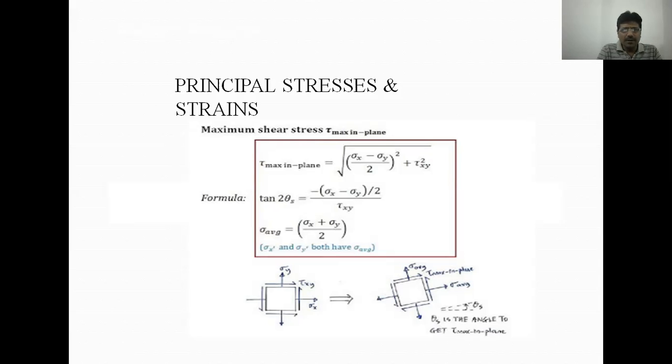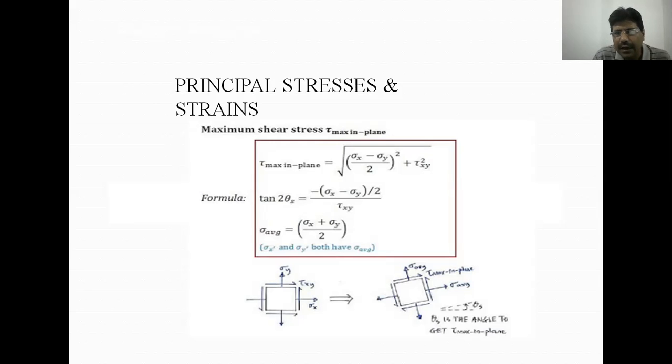So for finding maximum shear stress, we'll take sigma x minus sigma y, find the difference, divide by 2, and then square it.